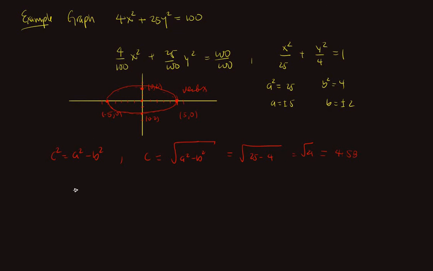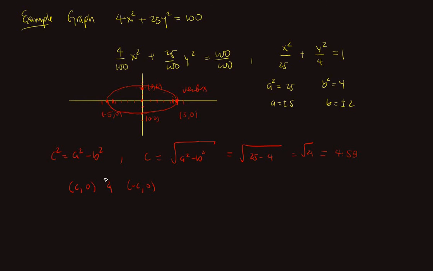And because this one is aligned along the x-axis, the focus is going to be c and 0 and minus c and 0, which is going to be somewhere around here. This is positive 1, 2, 3, 4, 4.58, somewhere around here. Negative 4.58 somewhere around there.